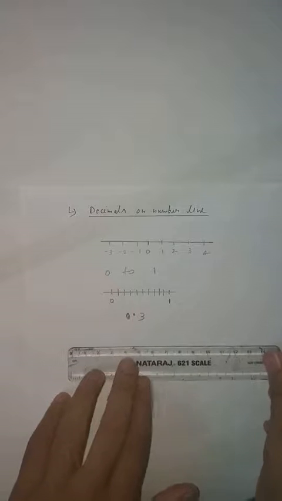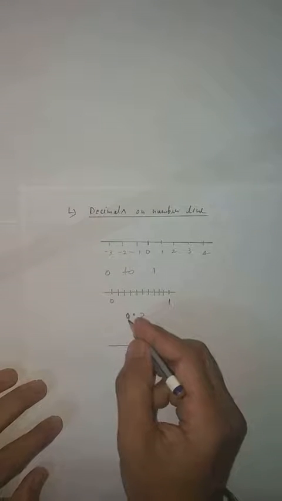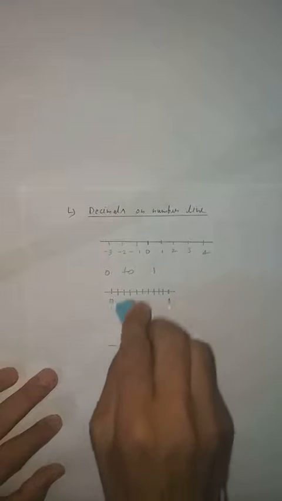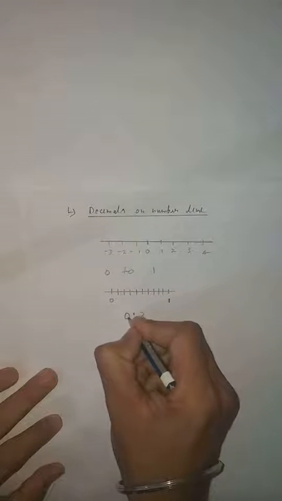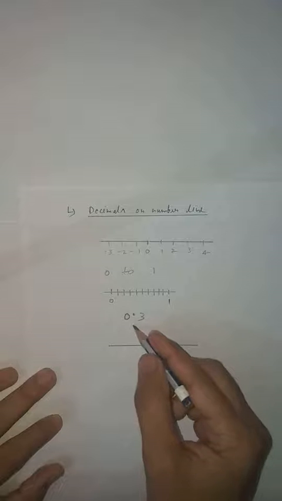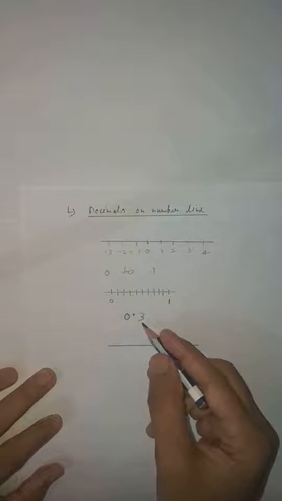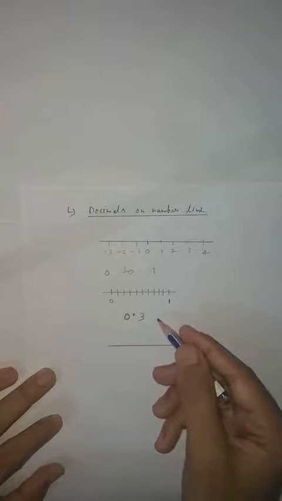For 0.3, first you have to decide the number comes in between which two numbers. You know that this starts from 0, once again, students, starts from 0, and after 0 this ends at 0.3. Clear, students? So see carefully, you will start from 0. This is clear, na? Now for 0.3, use your common sense: 0.3 lies between what? Not 1 and 2, not 2 and 3, not 3 and 4.